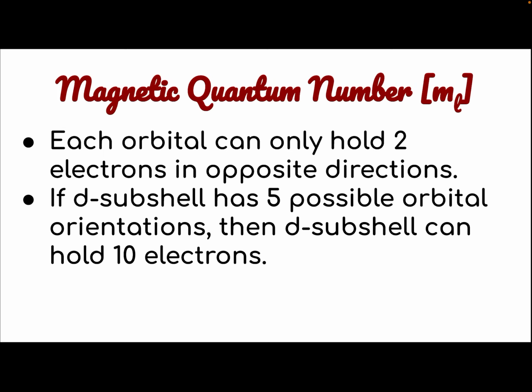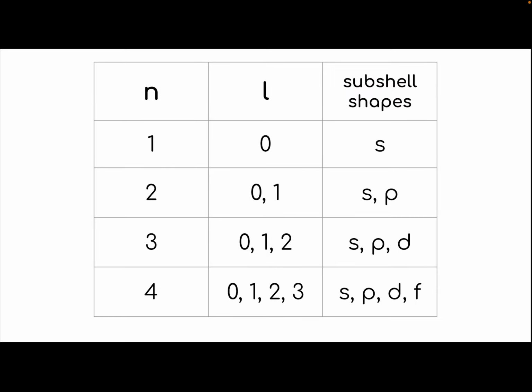Each orbital, bawat orientation, can hold 2. So, in total, ilan ang kayang hawakan ng D na subshell? That's 2 times 5. So, the D subshell can hold 10 electrons. Okay? So, let's try the others.